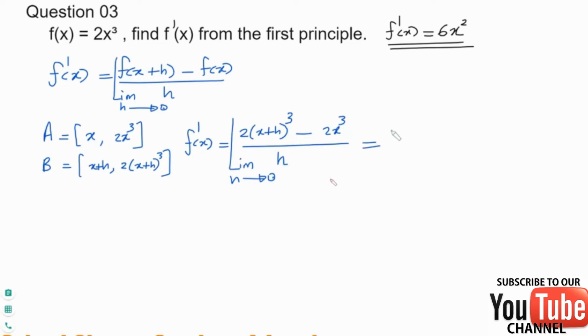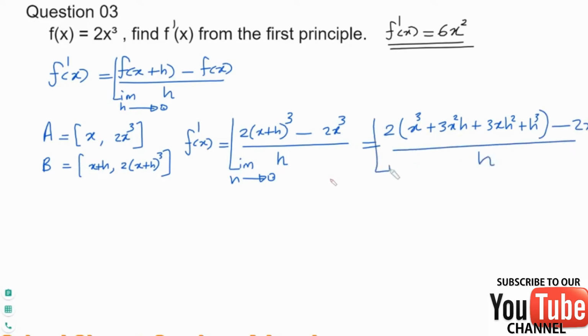I'm going to expand this bracket, keeping the 2 outside: x cube plus 3x squared h plus 3x h squared plus h cube, bracket close, minus 2x cube over h, and the limit as h goes to 0, right?